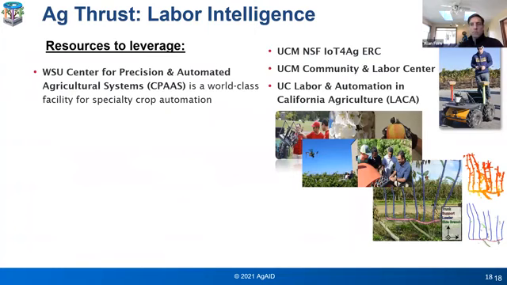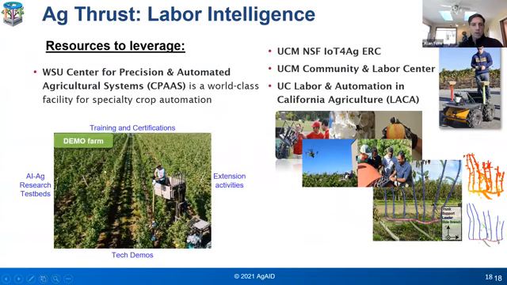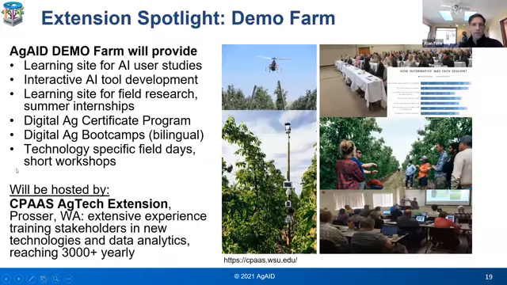And we have some good resources to study labor intelligence as well. One of them is this Center for Precision and Automated Agricultural Systems, and we have access to a demo farm, which is in Prosser, Washington. And this is going to be a great resource. I've got a little bit more on this later. Actually, I'll just bring that slide up now. This is going to be a great resource because it's already used.